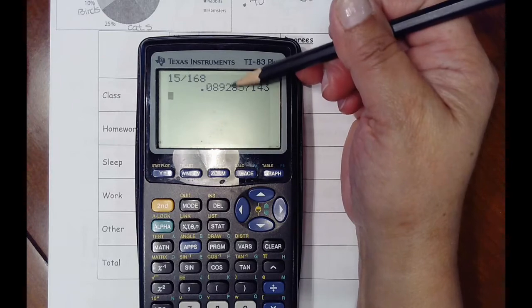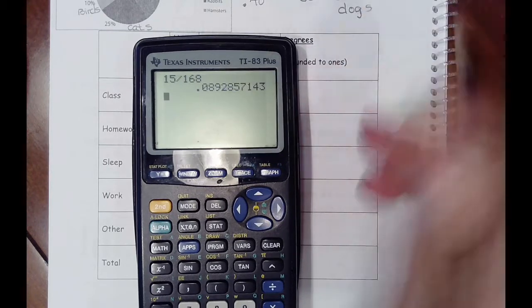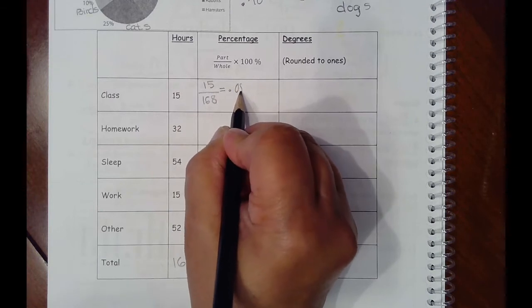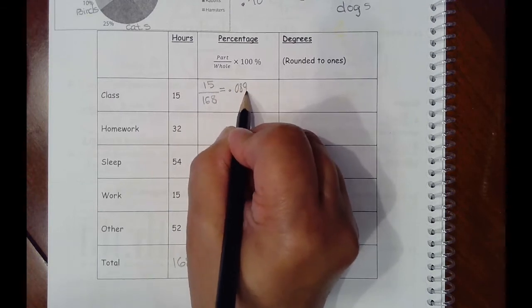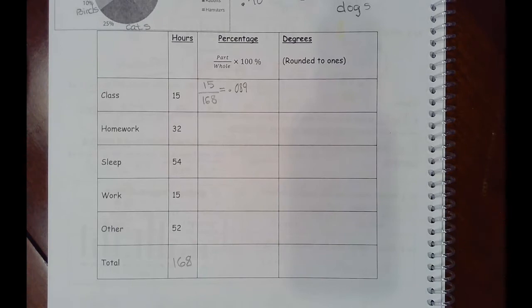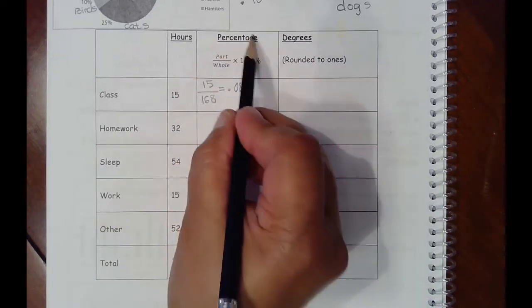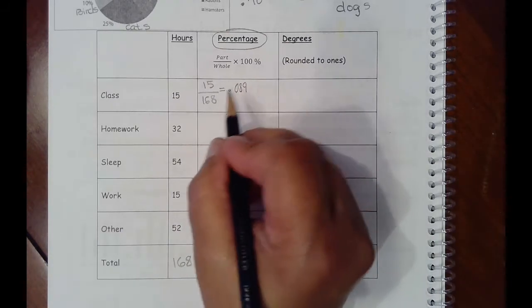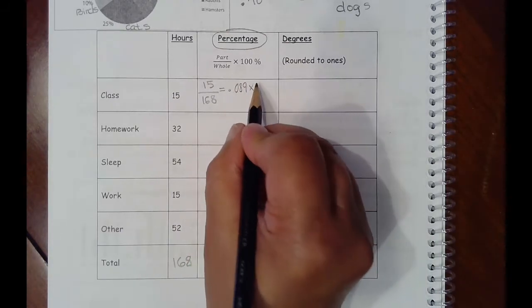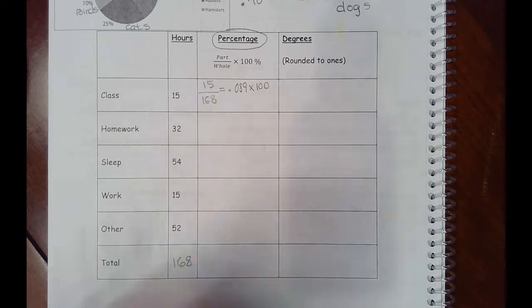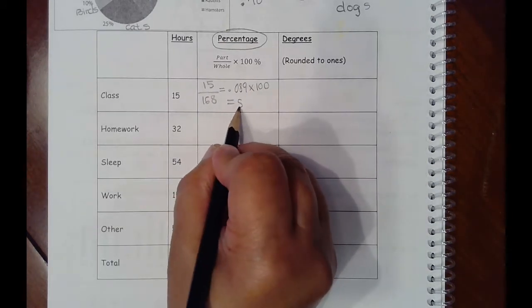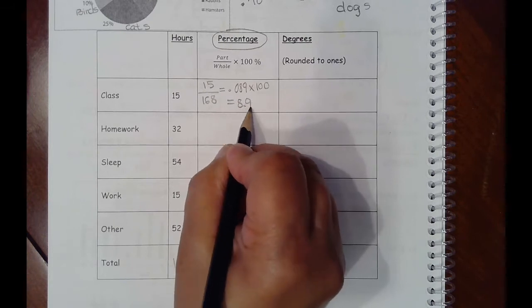The number next to it is not strong enough to bump that up, so we're going to stick with 0.089. Then if we truly want to get a percentage, remember how we went from a decimal to a percentage? We just multiplied by 100. After multiplying by 100, you get 8.9%.